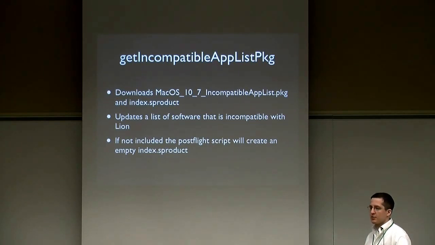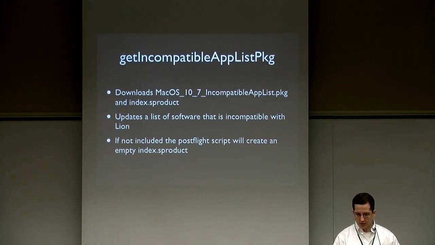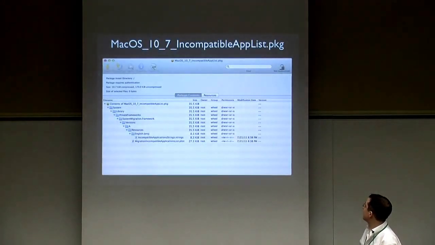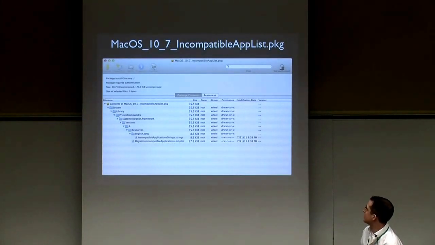If you don't include this, the post-flight script will create an empty index.s product. This is what the inside of the incompatible app package looks like. I know it's a little small, but like I said, the notes will be available. It puts two files within System Migration framework and the private frameworks called incompatible application strings and migration incompatible applications list.plist.